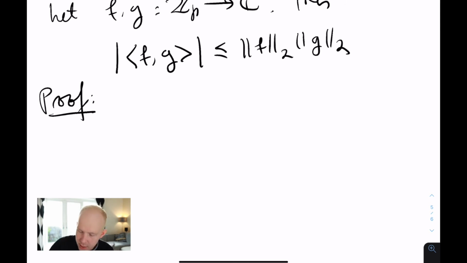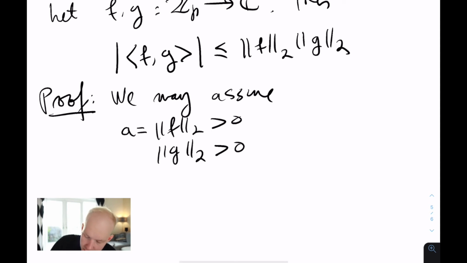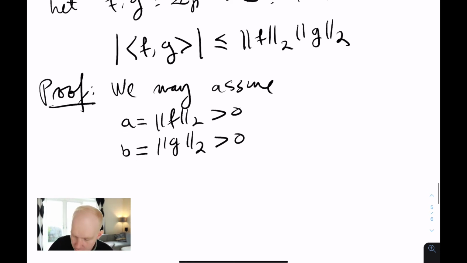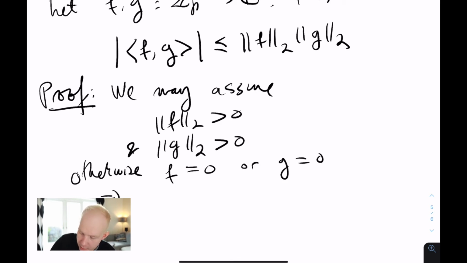First of all, we may assume that the L2 norm of f is positive and the L2 norm of g is positive, because otherwise f is 0 or g is 0, and this implies that the left hand side is also 0.